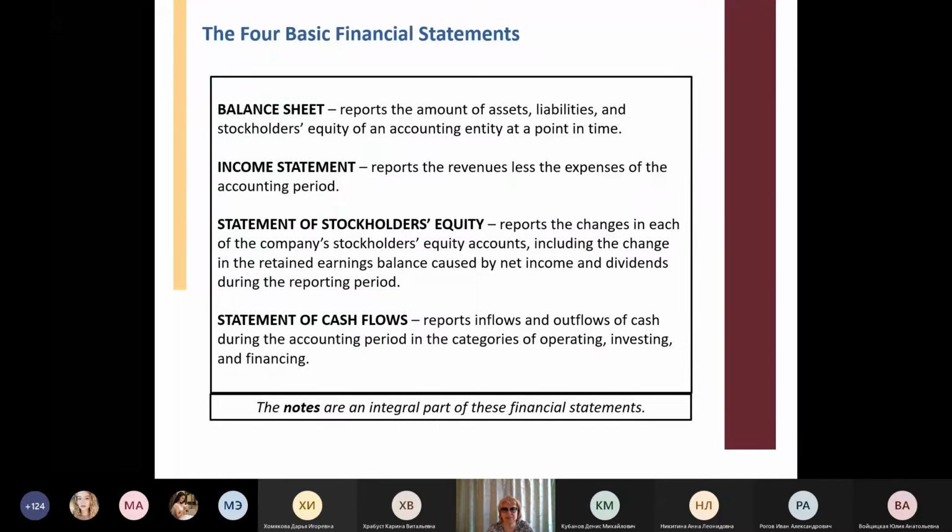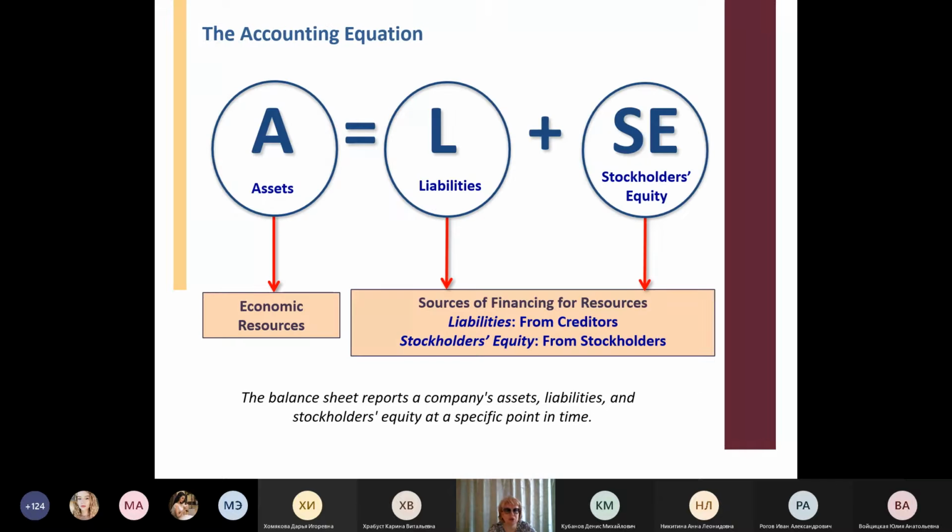And now the 4 basic financial statements: balance sheet, income statement, statement of stockholders' equity, and statement of cash flows. When I finish with this brief explanation, I will show you 4 videos about each statement in order to refresh the material and to continue.